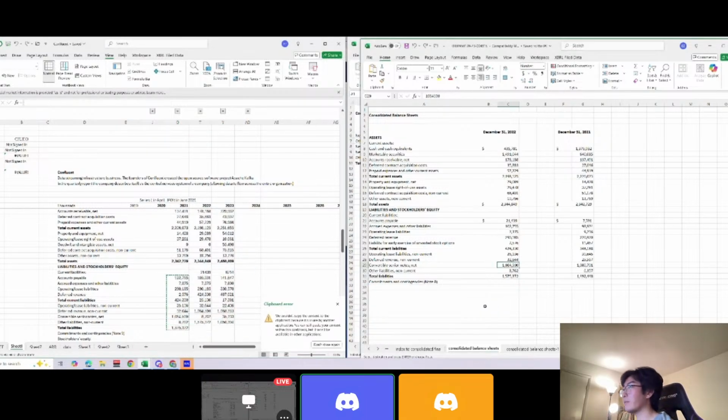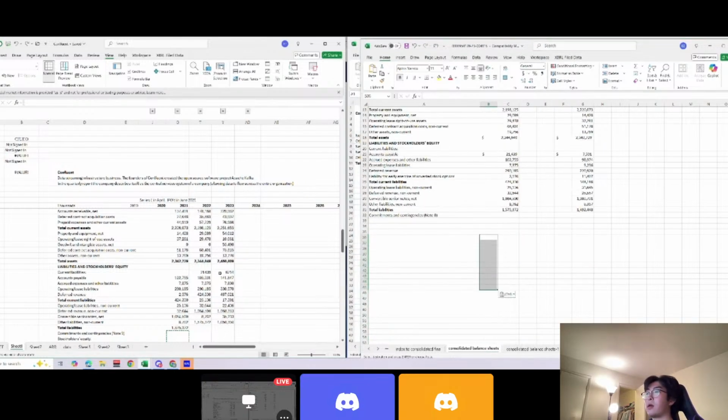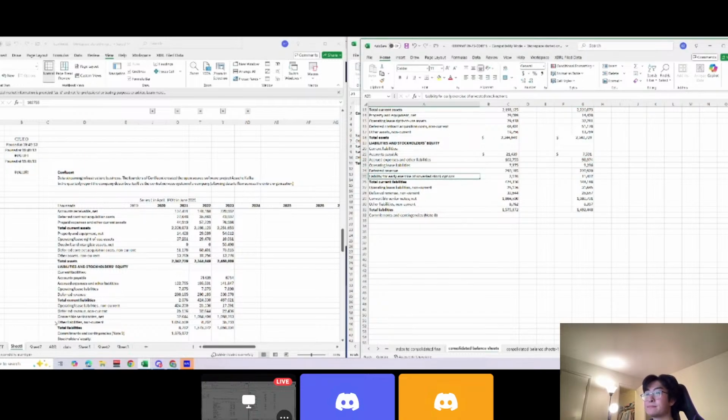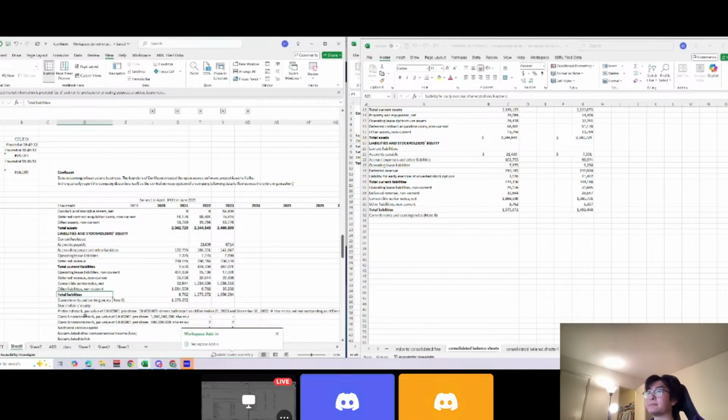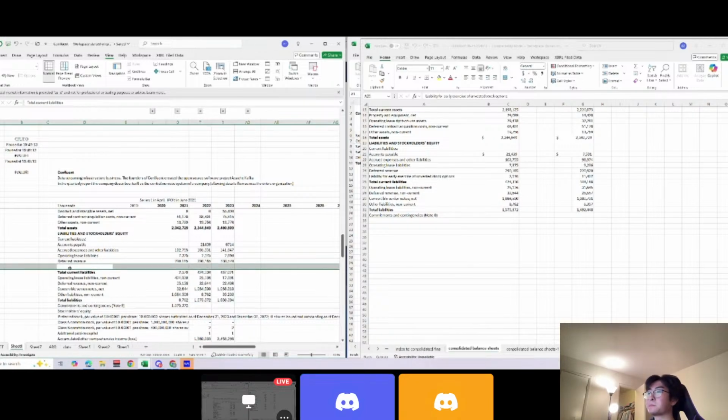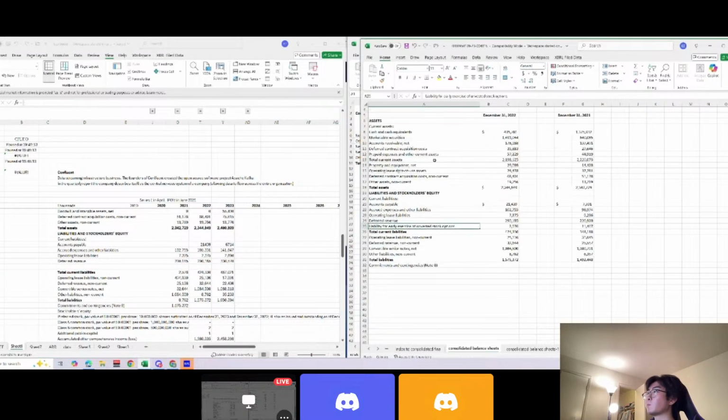So this company does have actually a decent amount of debt. Liability for early investments.